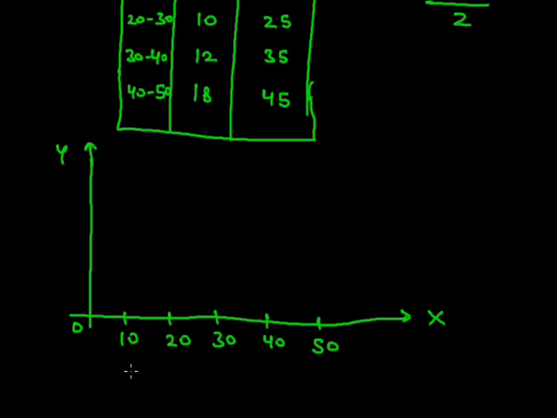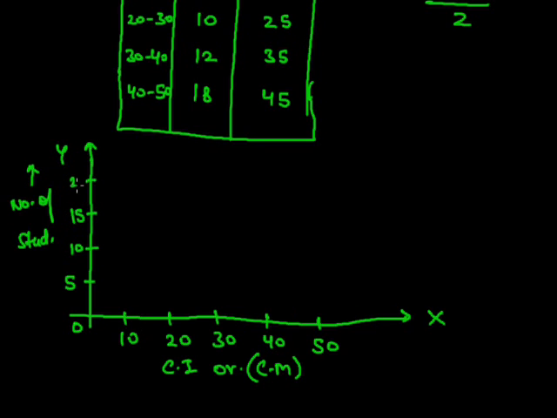In that case, there will be no difference in the graph. Here I have taken the class intervals, but sometimes we can also take class marks. And on the y-axis is again the number of students, that is frequency. So accordingly we'll take the points 5, 10, 15 and 20.